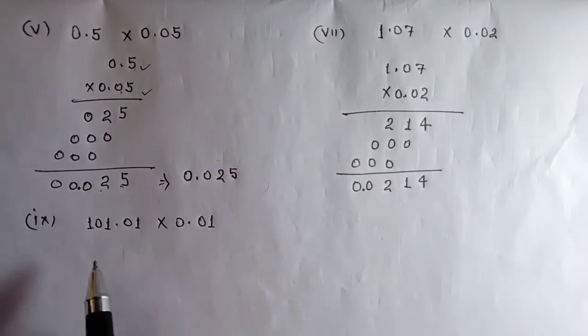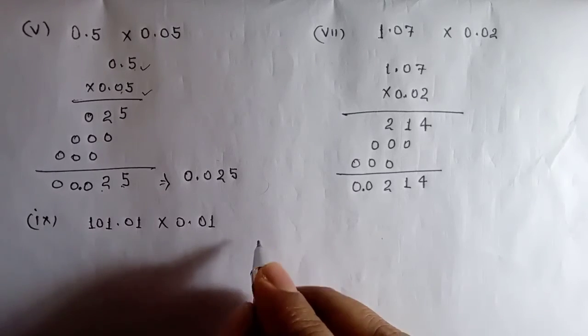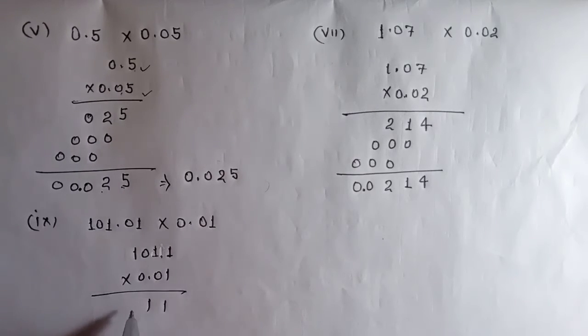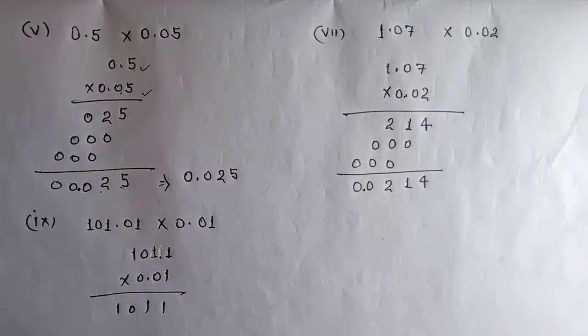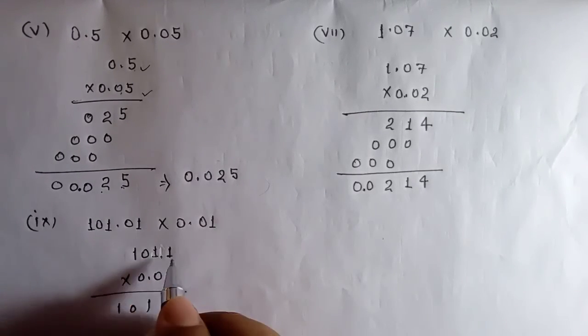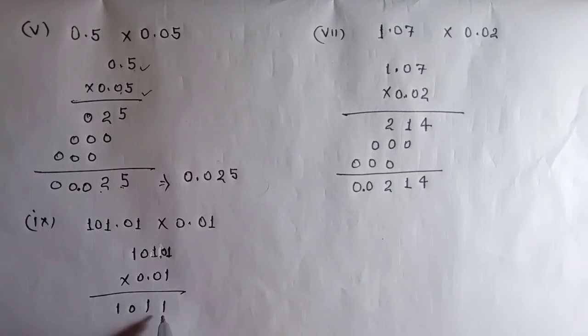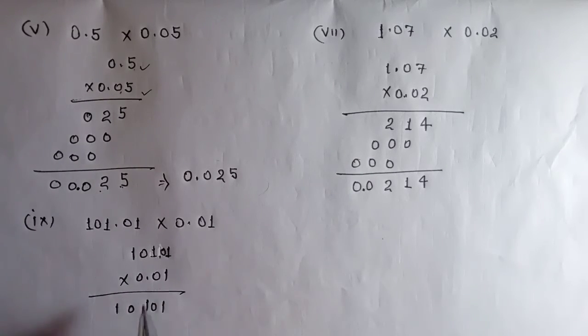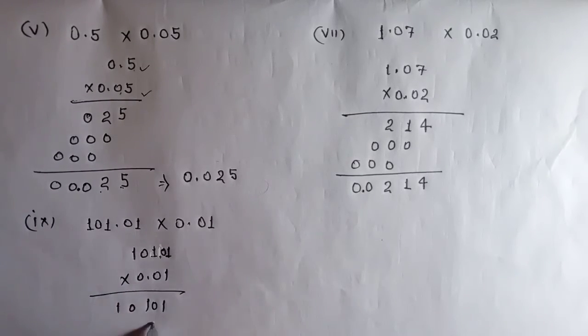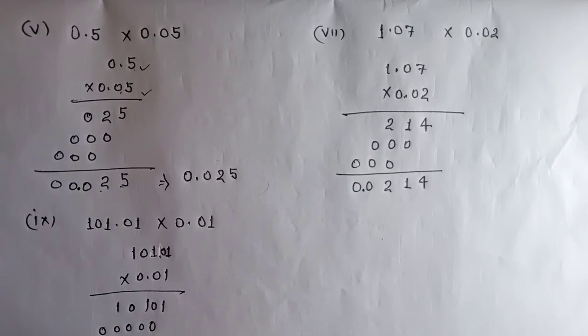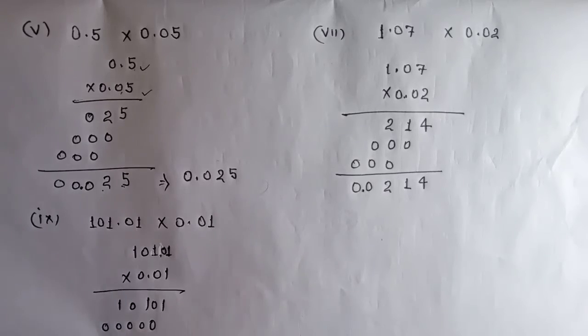When you multiply this, you get 101, 101, 1 1s are 1, 1 1s are 1, 0 1. This is left, right here 0. So 1 1s are 1, 1 0s are 0, 1 1s are 1, 1 0s are 0, 1 1s are 1. Again by 0, so 0 0 0 0 0. Again by 0, then 0 0 0 0 and 0.